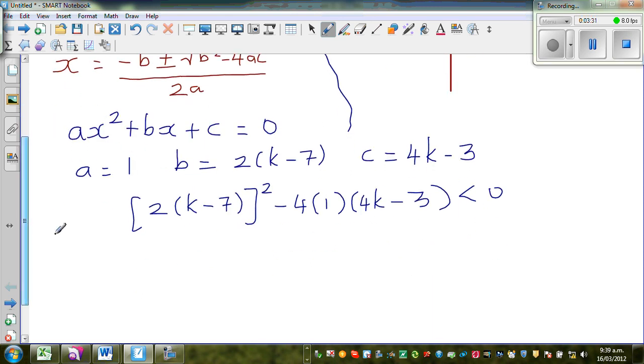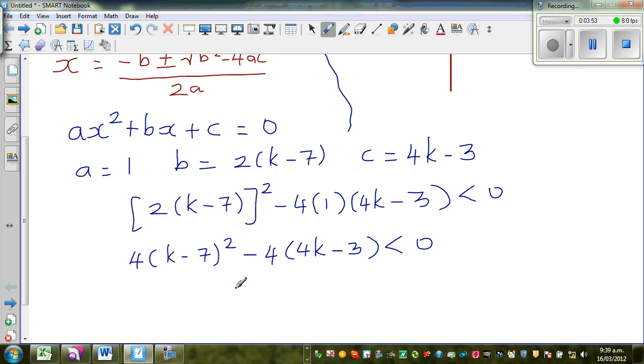Squaring inside the bracket, this is 4 times (k minus 7) the whole squared minus 4. I'm not expanding this; I'm going to write it as 4k minus 3.